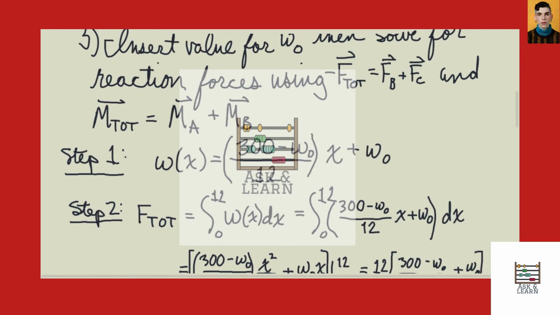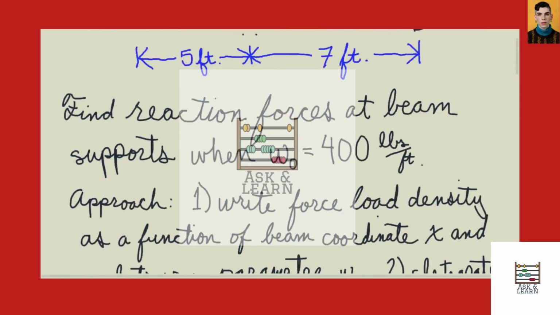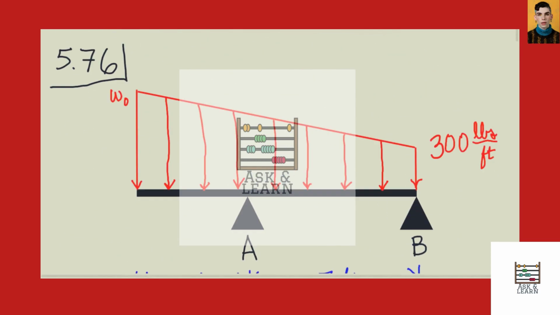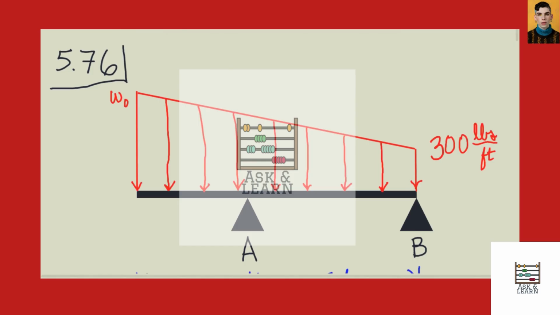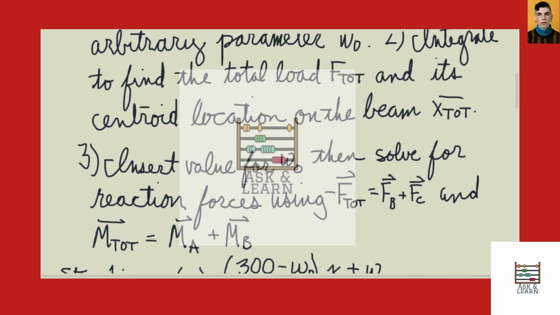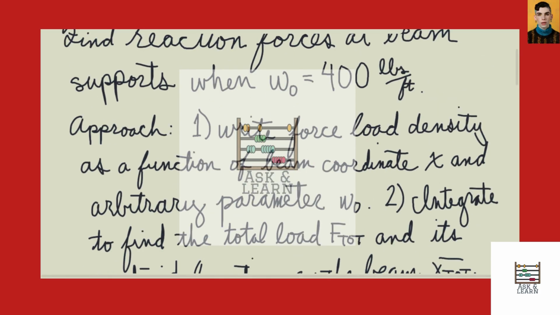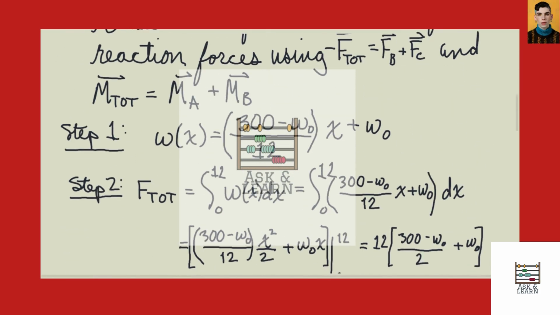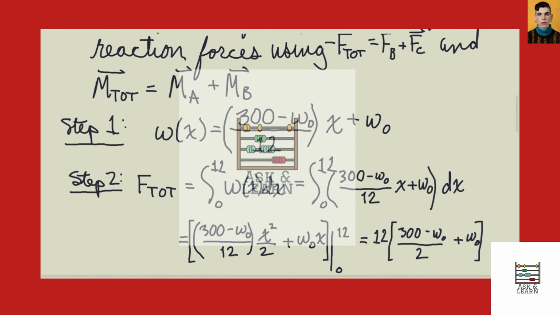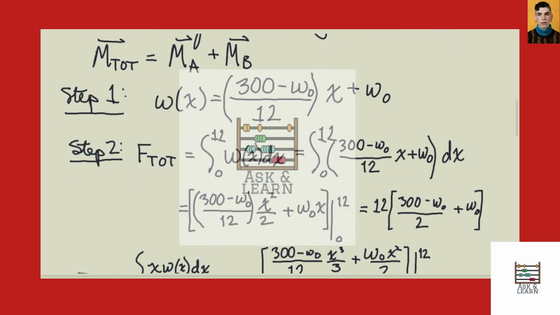Then for a linear equation, we multiply the slope by our independent variable x, and then we add the offset, and the offset is at x equals 0. We're given a value of W sub naught for our offset. Thus, we have our equation for the load density over the span of x, our independent variable here.